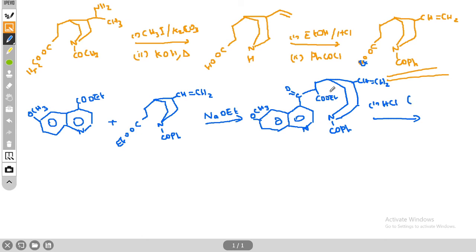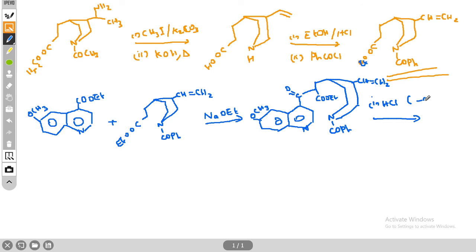When it is hydrolyzed using HCl, this group is hydrolyzed, and when it is heated, a molecule of carbon dioxide is eliminated. COOH is eliminated, so this group is ruptured.